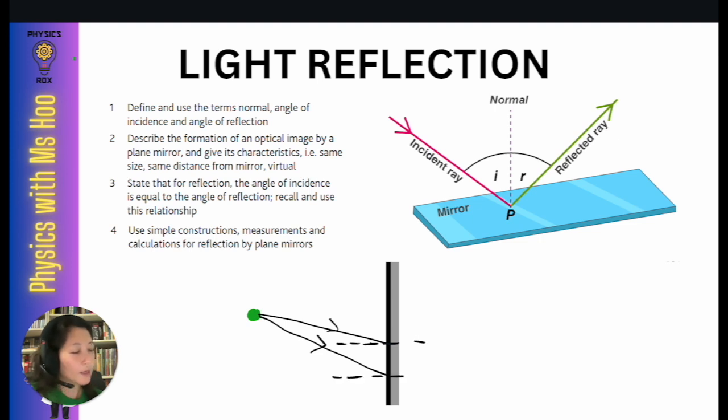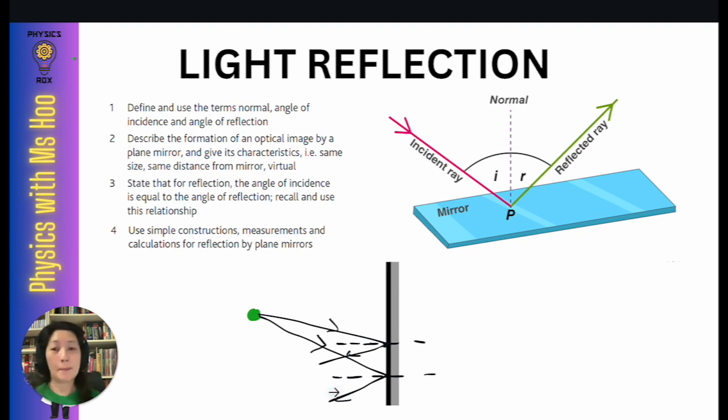Because each light ray has a different incident ray and reflected ray, obviously they cannot come up parallel. So using your protractor and your ruler, measure out the angle of incidence, measure out the respective angles of reflection, and you'll find that the light rays would be spread out.